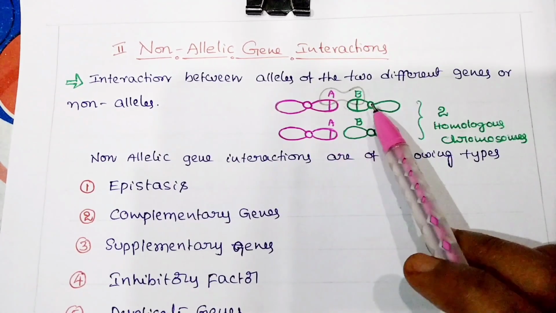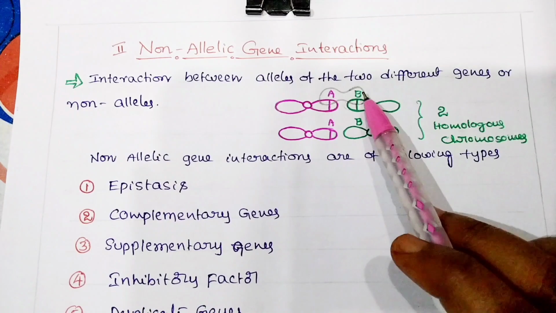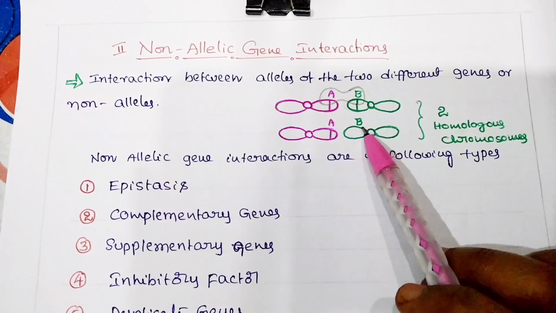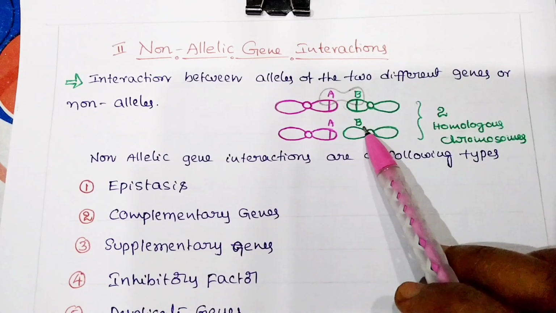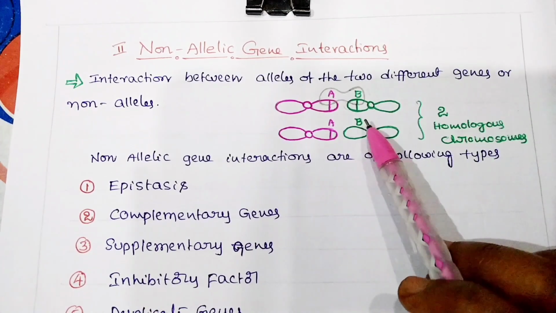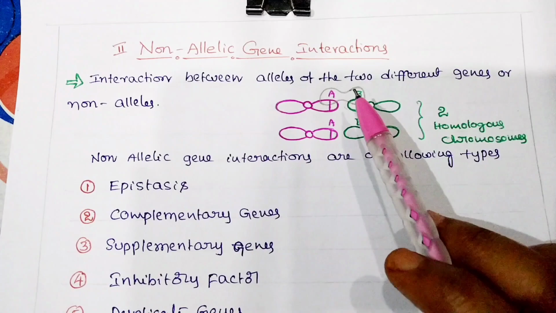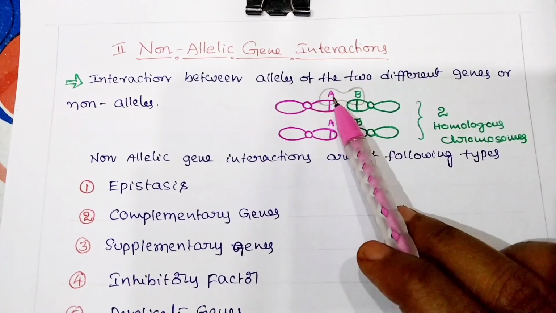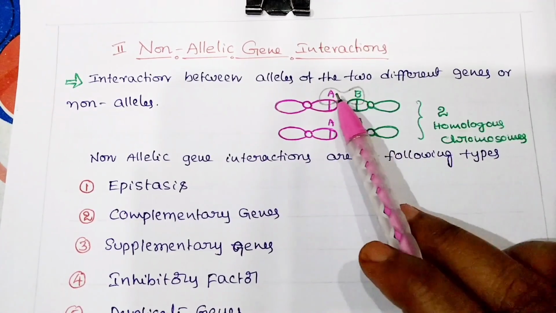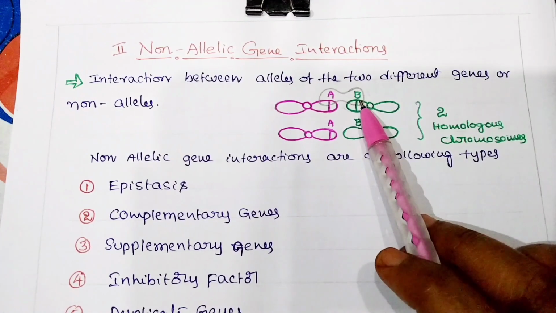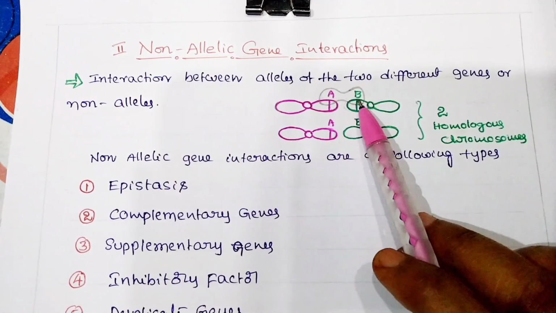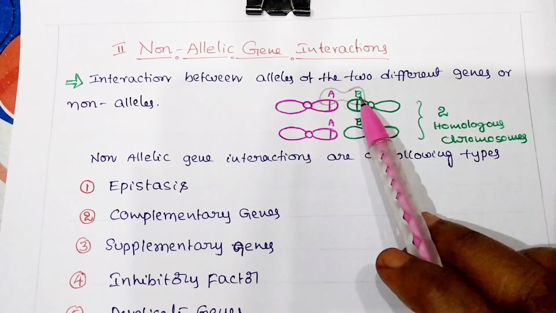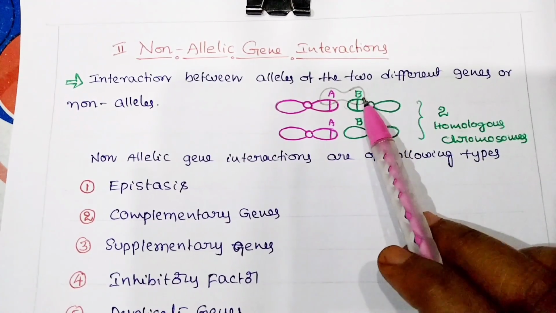Remember, the two capital B alleles also belong to a single gene. So here we are observing the interaction between alleles of two different genes. That is nothing but non-allelic gene interaction.